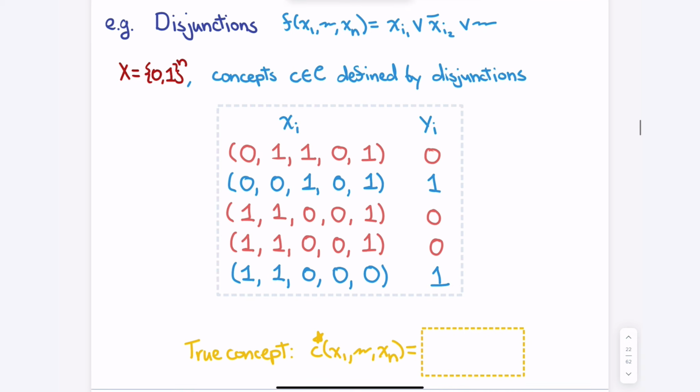Take this one, disjunctions. You can only write formulas of the form A or B or C or not D or E or something. And here's a table of 5 samples. So this is a relatively small machine learning problem. What would be a disjunction that satisfies this?